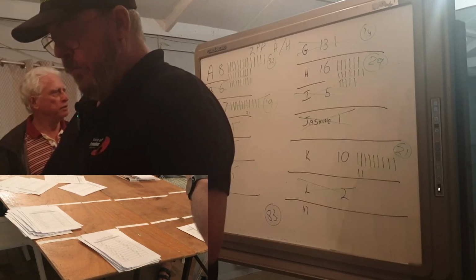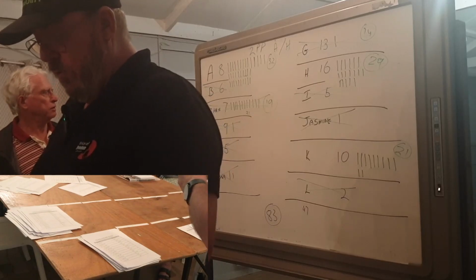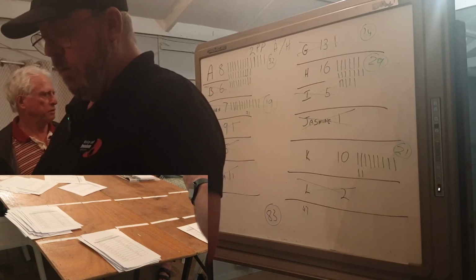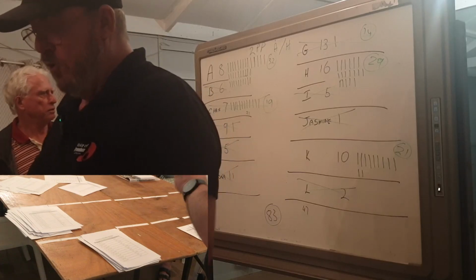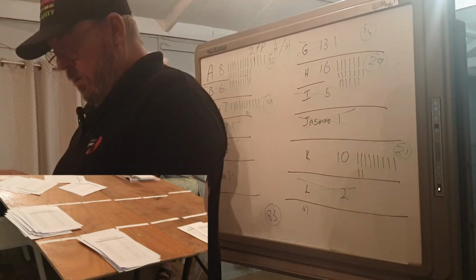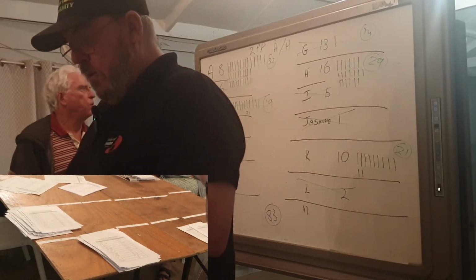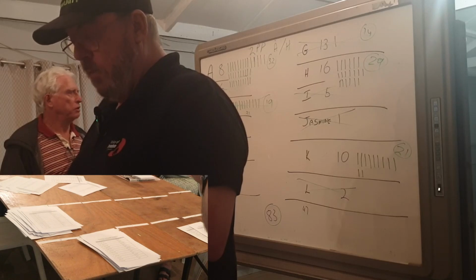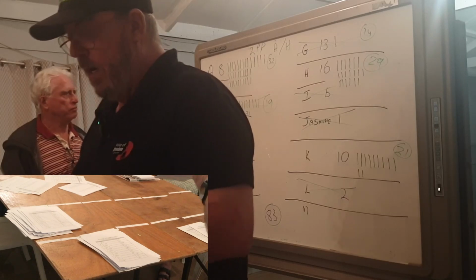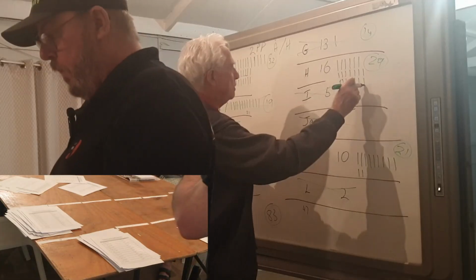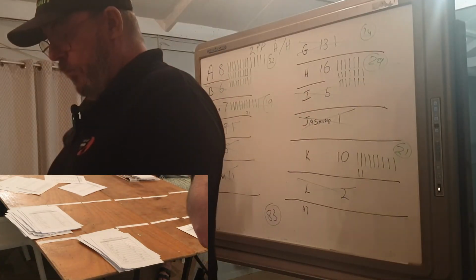Okay, number 1. Okay, number 2 is Jasmine. No. Number 3, Party L. No. Number 4, Party H. Number 1, no. Number 2 is Party E. Number 3 is Party H. All right.